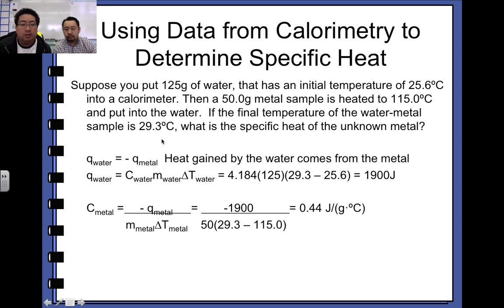So the final temperature was 29.3, and the initial temperature of the metal is 115. The negatives actually cancel out through this process, and we end up with 0.44 joules per gram per degree Celsius. Right. And then we could use this in conjunction with a specific heat table to maybe identify the metal. Right.